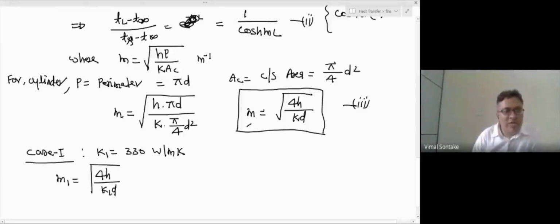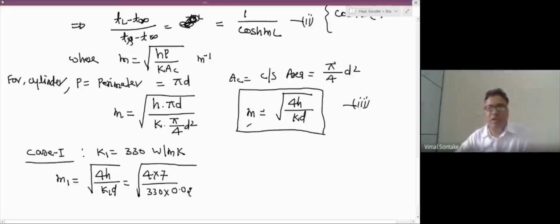So you are requested to please calculate this value. 4 into 7 over 330 into 0.02. Please check whether I have taken the correct value of small d or not.